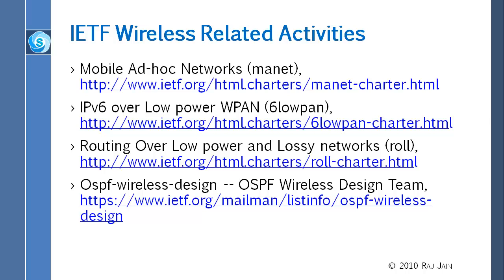Then there is IPv6 over low power personal area networks, called 6LoWPAN. Then there is routing over low power and lossy networks, ROLL, and then the OSPF wireless design team. This is not an IETF group, but it is an IETF website.